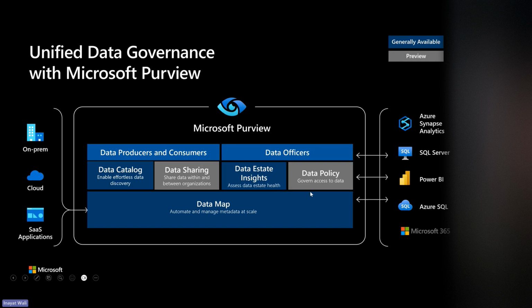Lots of good features are available, and eventually this data can be leveraged by various tools to scan your sources or drive workflows, and you can integrate with other target sources. So that's a very high-level view of what Purview is about.